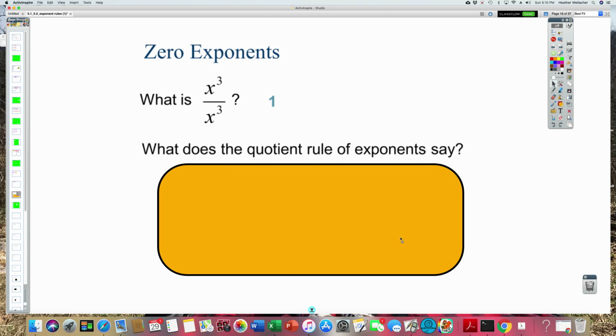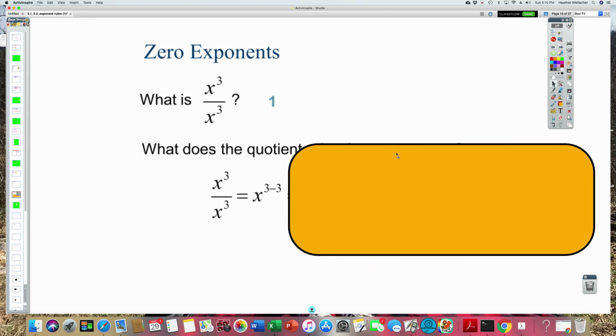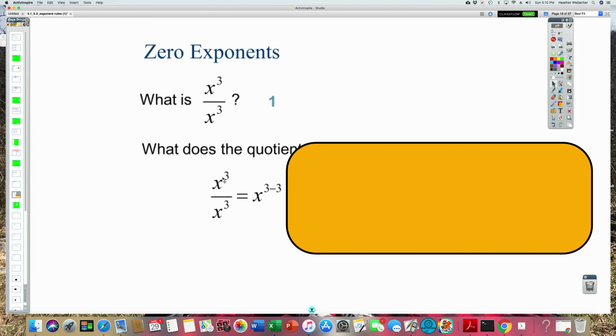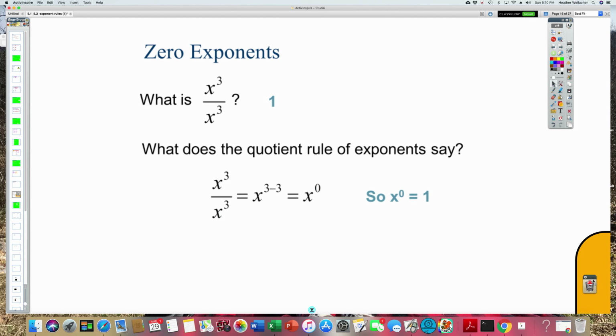But if you think about the quotient rule that we saw a few minutes ago, the quotient rule says to subtract the exponents. And if I subtract the exponents, I'd get x to the 0. So that is why anything to the 0 power is 1.